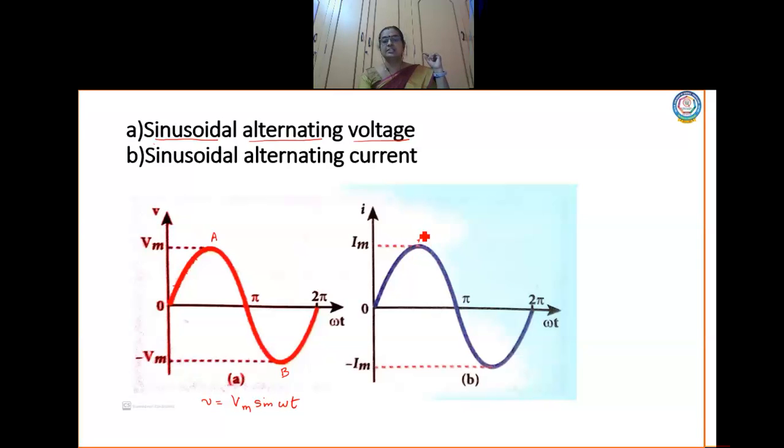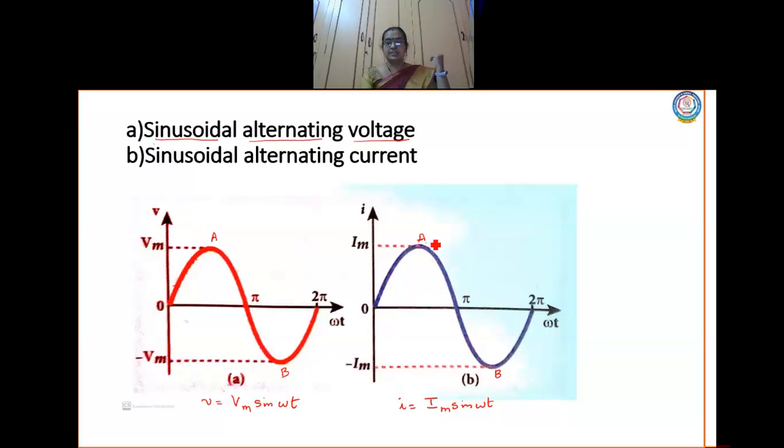Here the current reaches its maximum, and in the reverse for the next half cycle, the negative half cycle. Now you call this cycle as positive half cycle, here you call it as negative half cycle. So here it reaches negative maximum, and the current equation I can write as I is equal to Im sine omega t. Instead of omega t, I can also write it as theta, because theta is the angle.